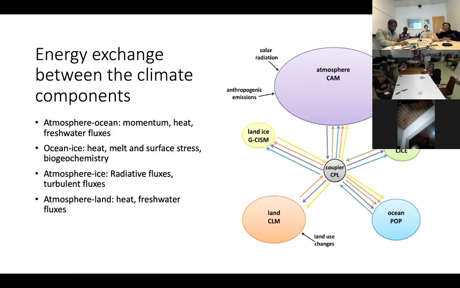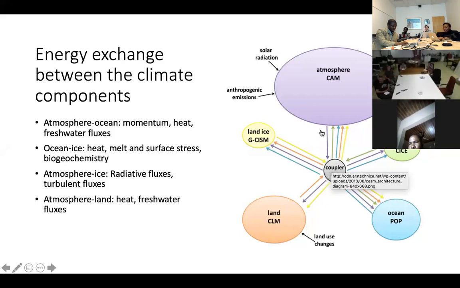For land too, the atmosphere exchanges heat and freshwater fluxes in terms of precipitation with land, and then the surface turbulence at the boundary layer is determined by this exchange with the land model. So the coupler is mainly the model component where the fluxes that are exchanged between the models are computed.